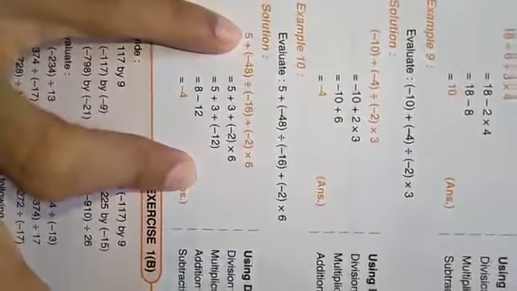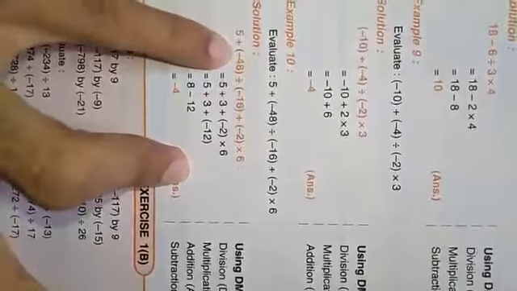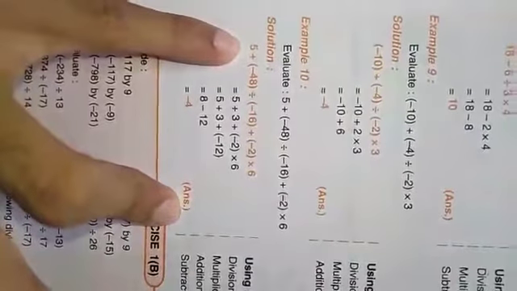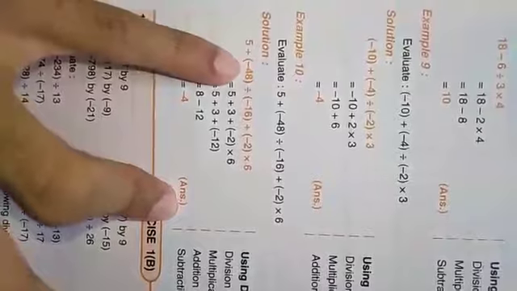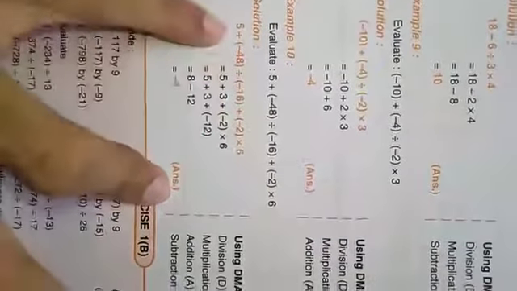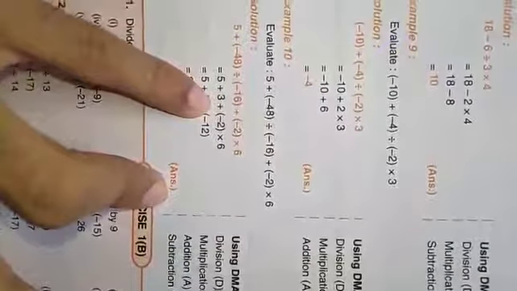And now example number 10: 5 plus (minus 48) divided by (minus 16) plus (minus 2) into 6. So according to the DMAS rule, we need to do division first. So minus 48 divided by minus 16 will be plus 3.